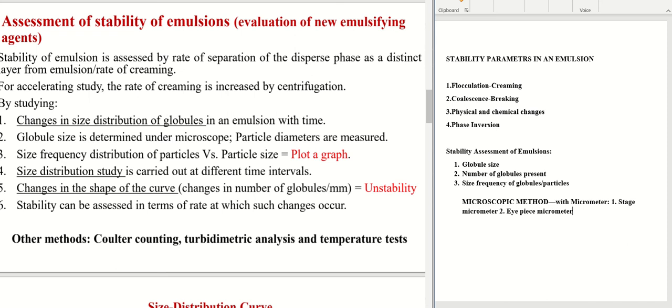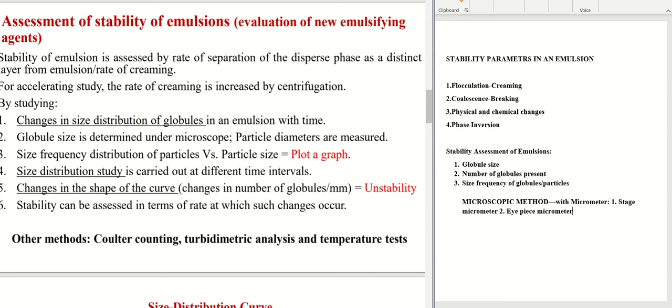When we see through the eyepiece of the microscope, we'll be able to see graduations at the micron size. When we place our sample onto the stage of the microscope, we'll be able to see the globule size, and at the same time we can measure the globule size at the micron level with the help of the graduations present over the micrometer. That is how we can easily measure the size of the globule.